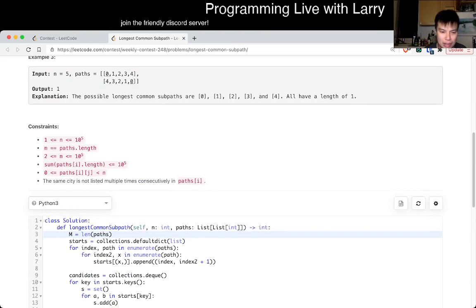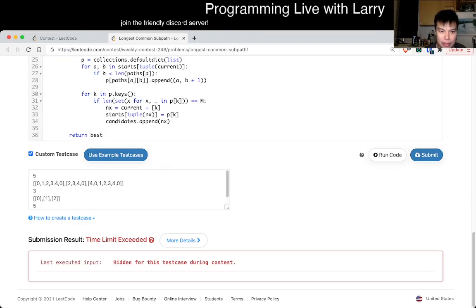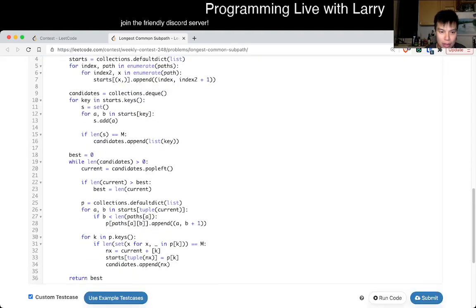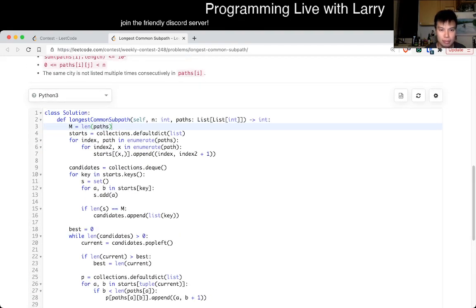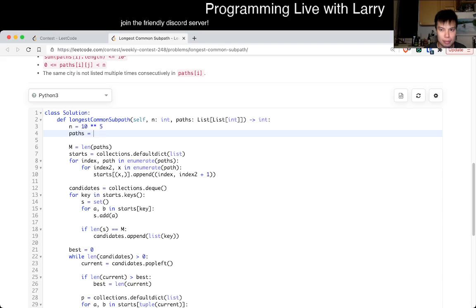The sad thing is, I think this is fast enough for one test case, but not because we did some of these, right? Times say 10.